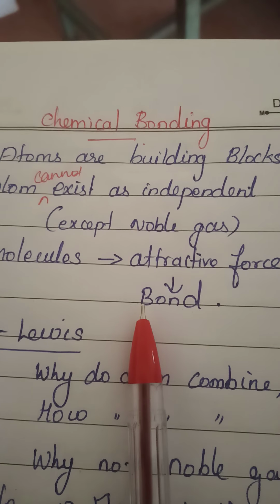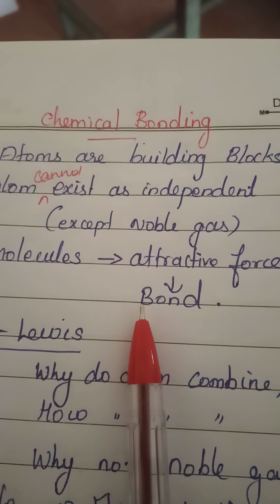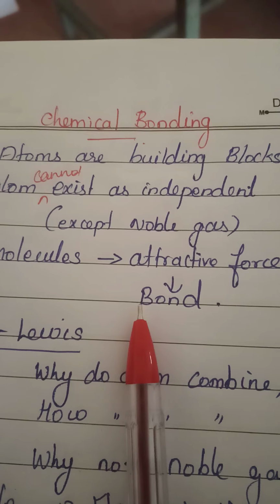For example, a garland, isn't it? While tying, you connect all the flowers in the garland together by a rope. That rope holds all the flowers together. If you cut the rope, the flowers split apart.